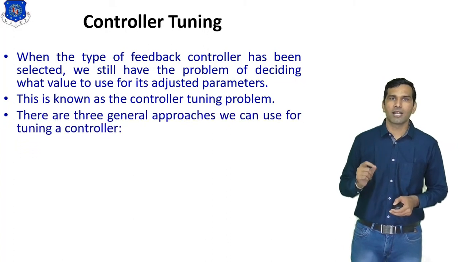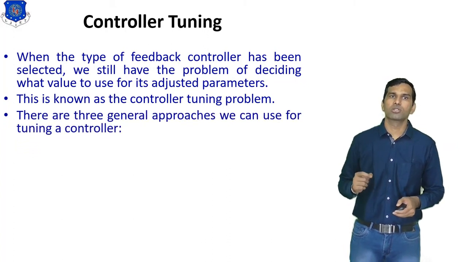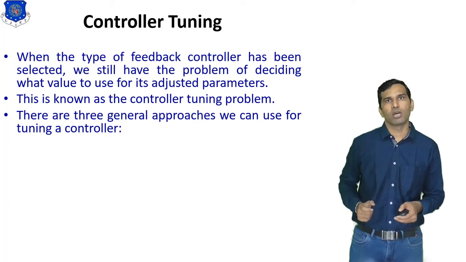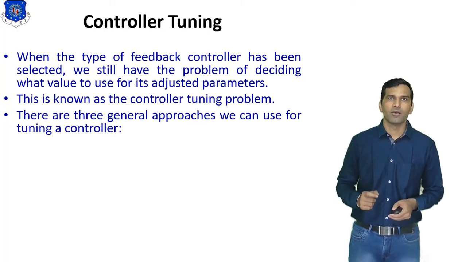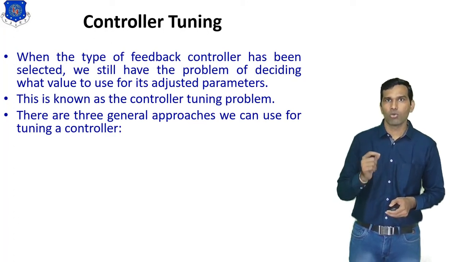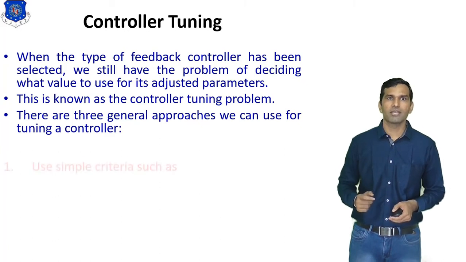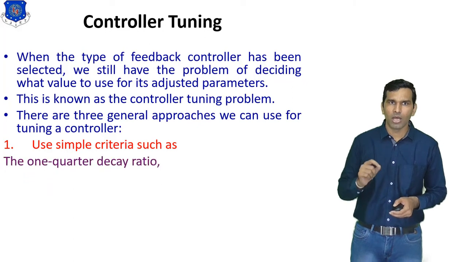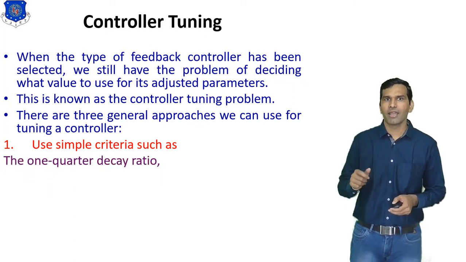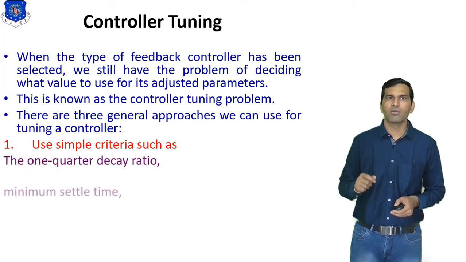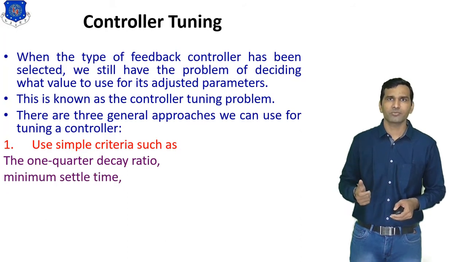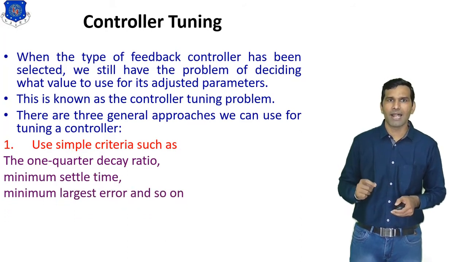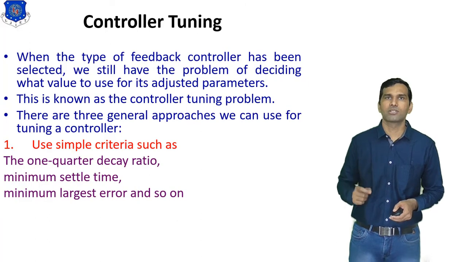There are three general approaches we can use for tuning a controller. We already discussed two of them. The first one is to use simple criteria such as the 1/4 decay ratio, minimum settling time, minimum largest error and so on.